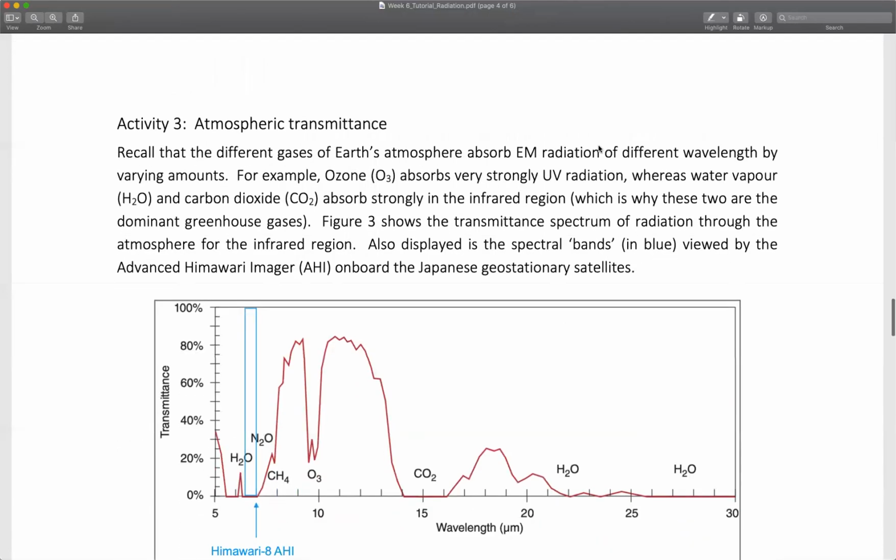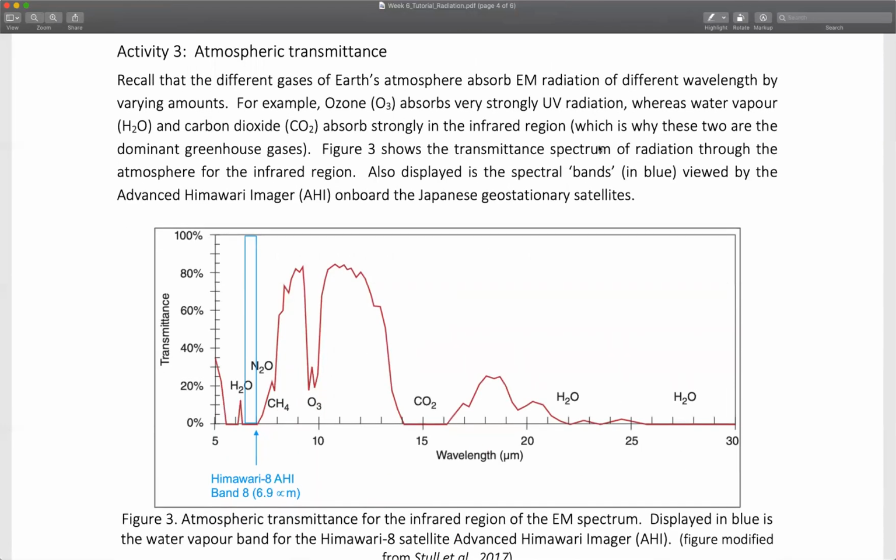The final activity is on atmospheric transmittance. And really, this is probably one of the more applied type and what we'd encounter as researchers interested in understanding the radiation that comes up from the Earth's surface to a satellite in orbit, for example, and how we can use that information to infer things about the atmospheric conditions.